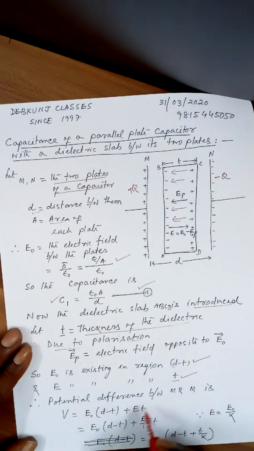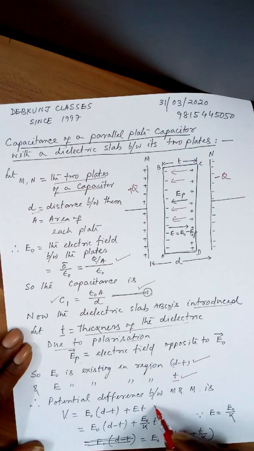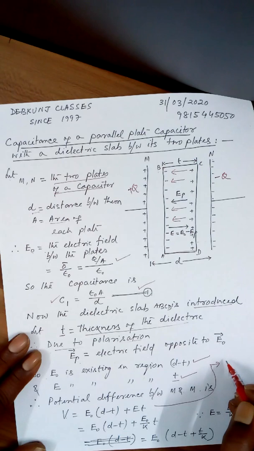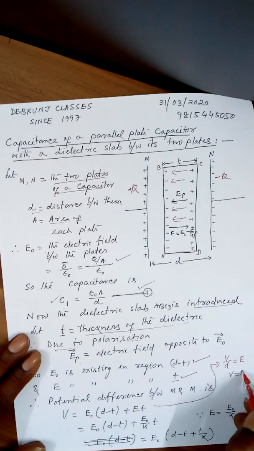So the potential difference between M and N is V equal to E naught into d minus t plus E into t, because we know from the previous chapters that potential divided by distance is equal to electric field. So potential is equal to E into d.